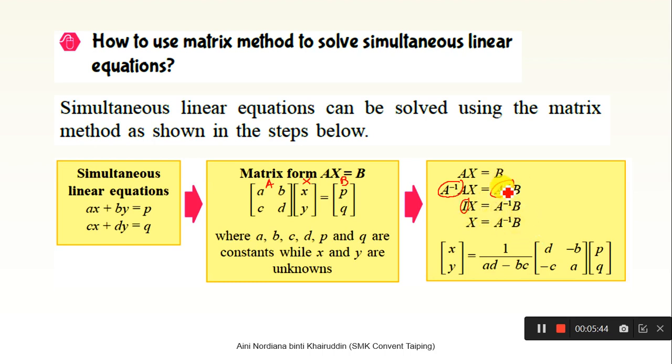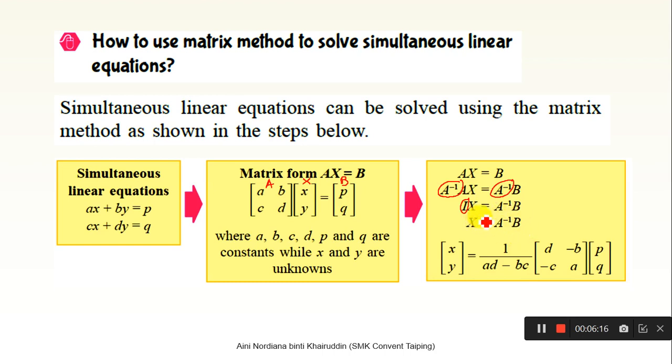When any matrix is multiplied with the identity matrix I, we will get the matrix back. So the inverse of A multiplied with B remains on the right hand side.